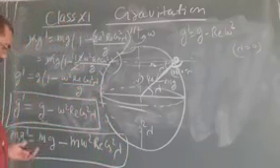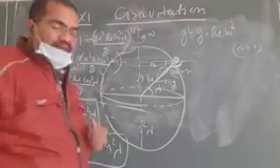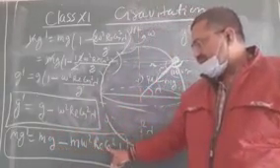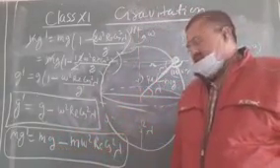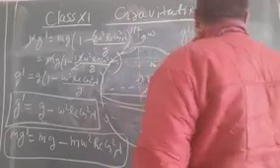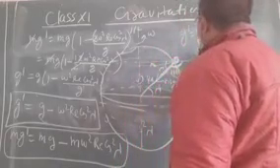You can also find the apparent weight of the body at the equator: mg dash equals mg minus m omega square R, since cos square lambda is 1. This is the formula for g at the equator.